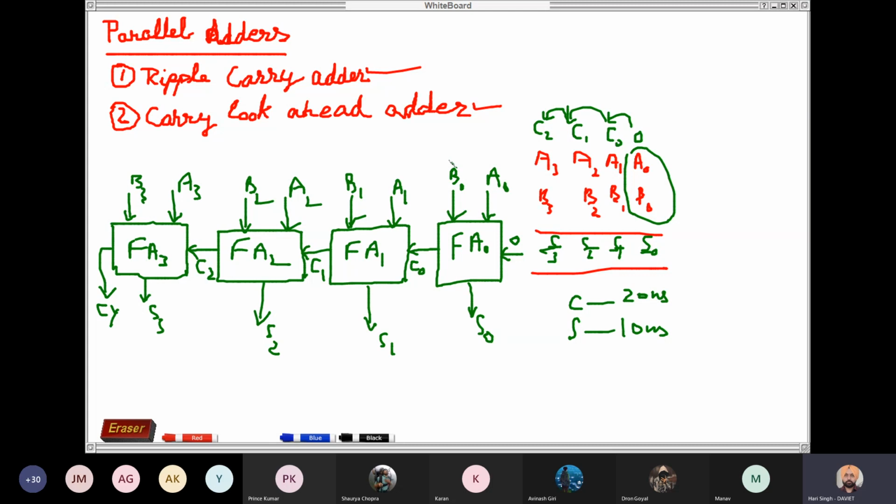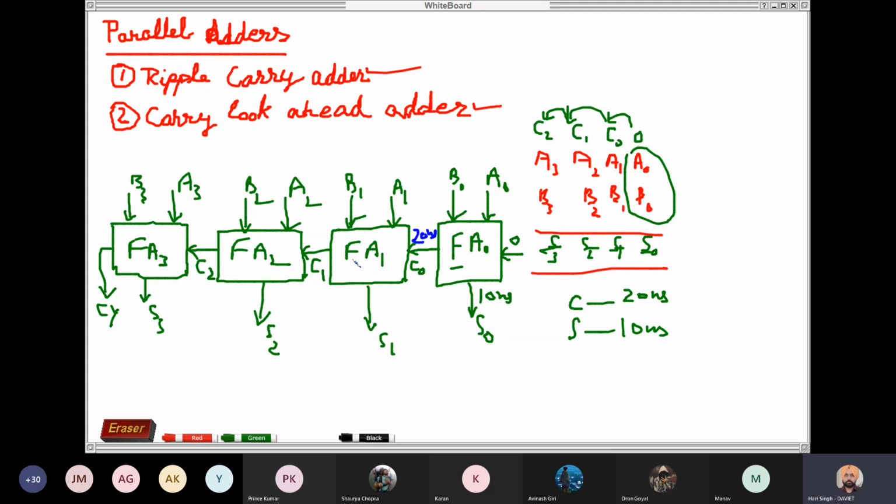So when inputs A0, B0 are provided to the first adder circuit, and carry 0 is provided, first S0 bit will be available within 10 nanoseconds. Okay, and carry generated by first adder is transmitted to the next adder within 20 nanoseconds.